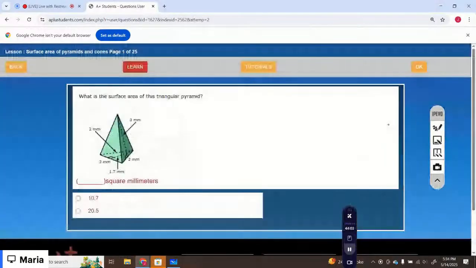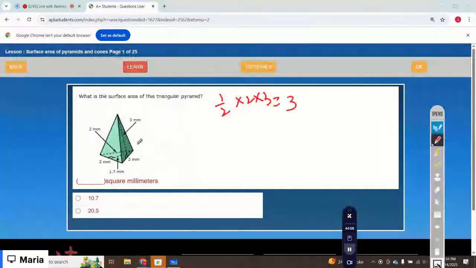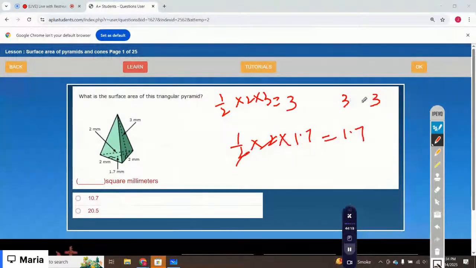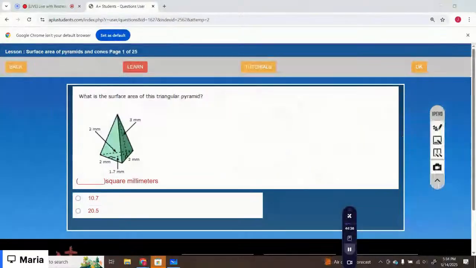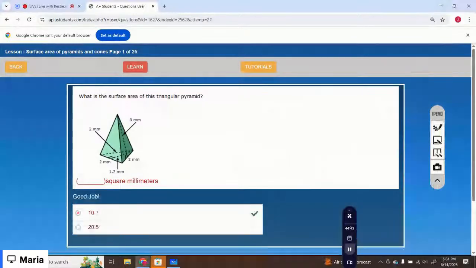Okay, so this is right. So their area is 3. Now look at the base. The base has half times base times height. That is 1, so we have 1.7. Just 3, 3, 3, that is 9, and 10. That is 10.7. The correct option is 10.7. Option number 1 is the correct option.